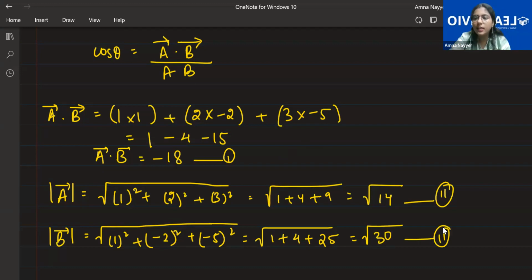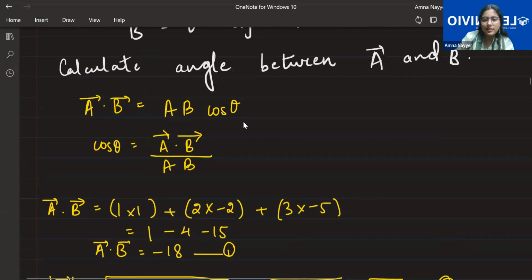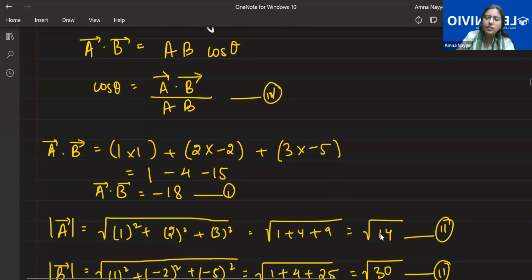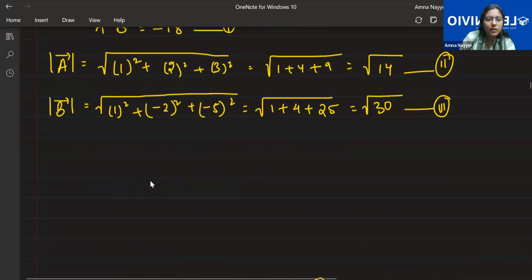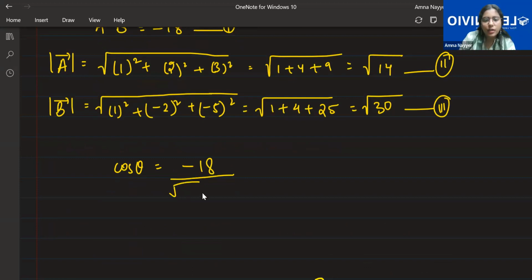So you have all the three equations with you. What you have to do is put them in the main equation. The main equation is this. When you put it in, cos theta will be A dot B, which is minus 18, divided by the magnitude of A, root 14, into the magnitude of B, root 30.